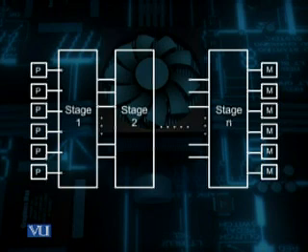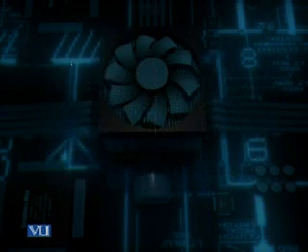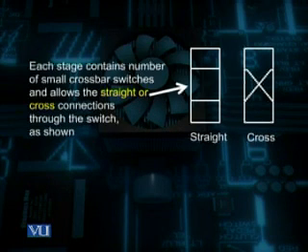Here in this figure, you can see that the crossbar switches contained at each stage are usually 2x2 switches, and it allows a straight connection and a cross connection, where the straight connection is just an end-to-end connection in the same line, whereas the cross connection is a connection in a cross manner.